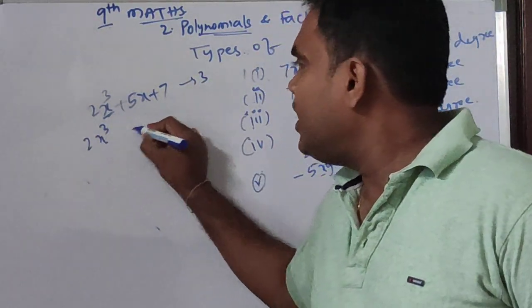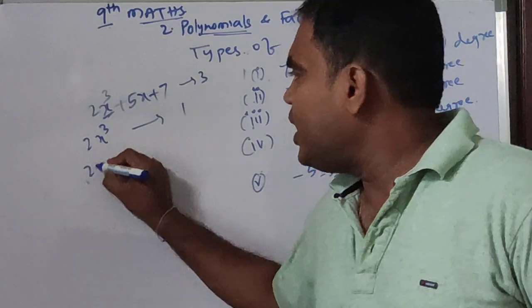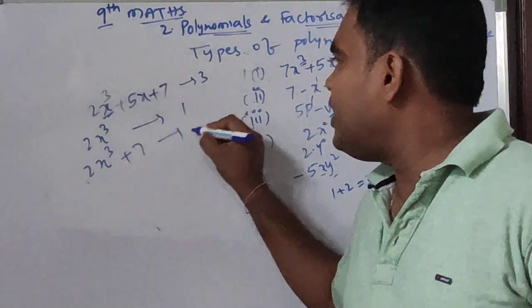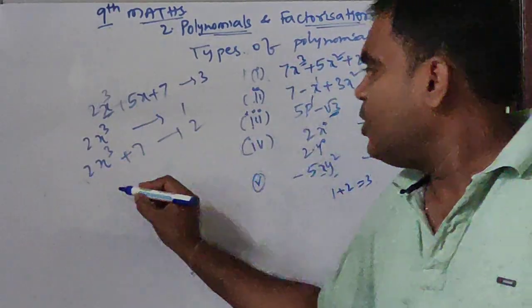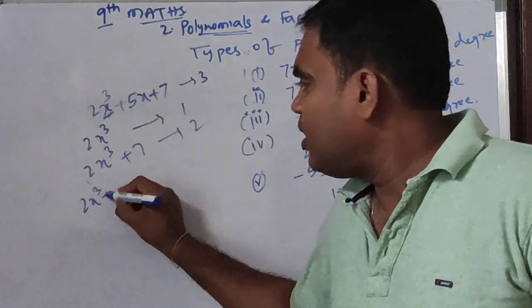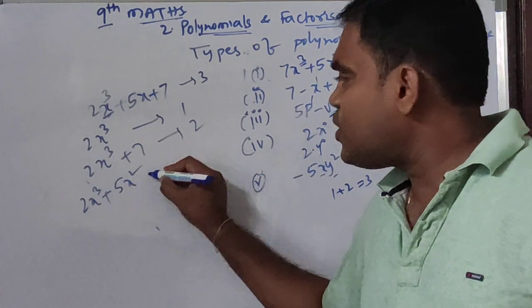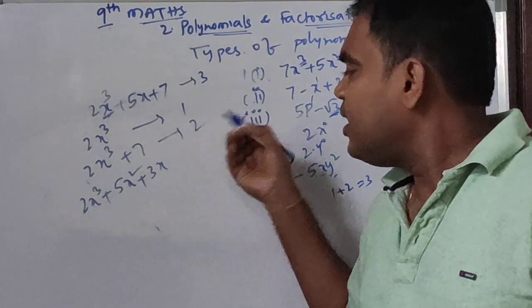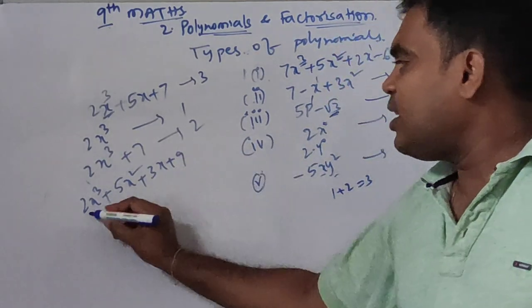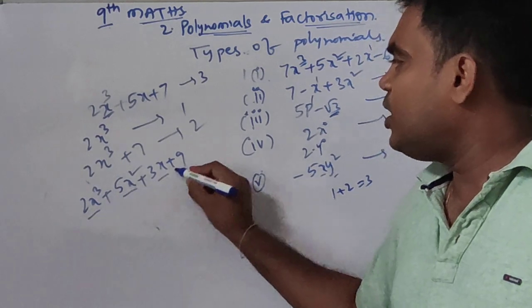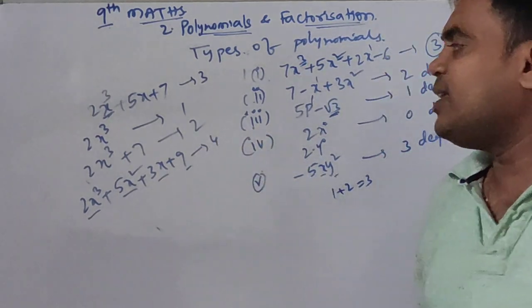2x cube alone contains 1 term. 2x cube plus 7 contains 2. Maximum: 2x cube, next highest power x square, 5x square, next highest power x, 3x, next constant 9. How many terms maximum? 1, 2, 3, 4. So 4 terms can exist.